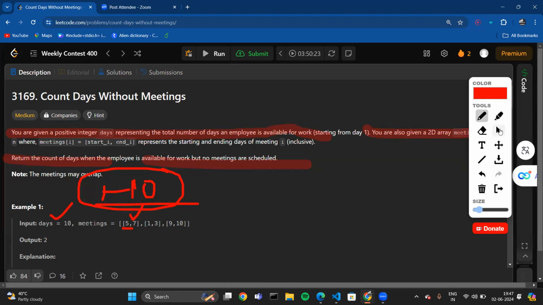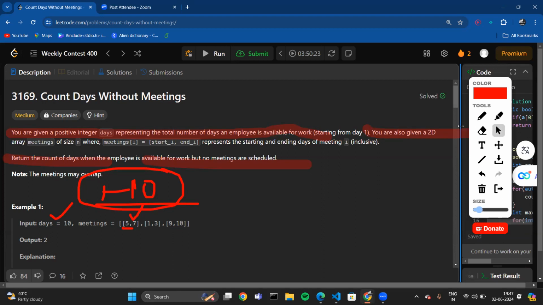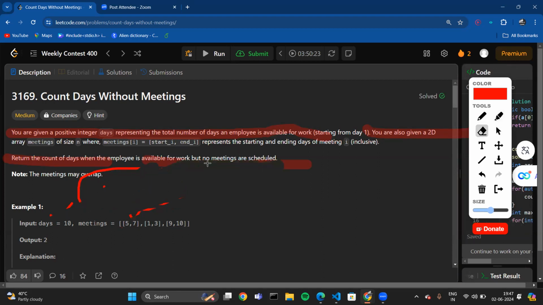So let us see how we can do it. The first thing that comes to our mind is to sort it according to the initial days.